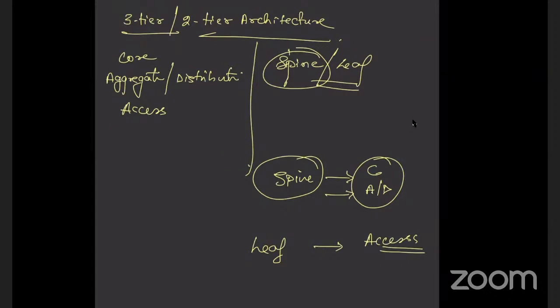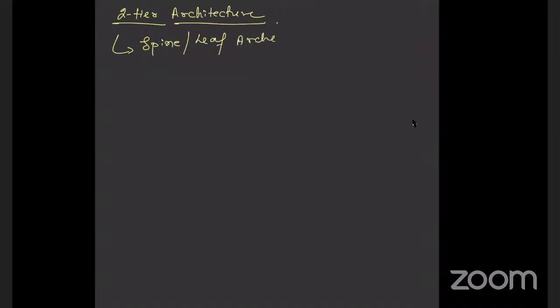So now let's discuss the 2-tier architecture that ACI uses. It is spine and leaf architecture, where spine is your backbone layer and leaf is your access layer where your end devices connect.